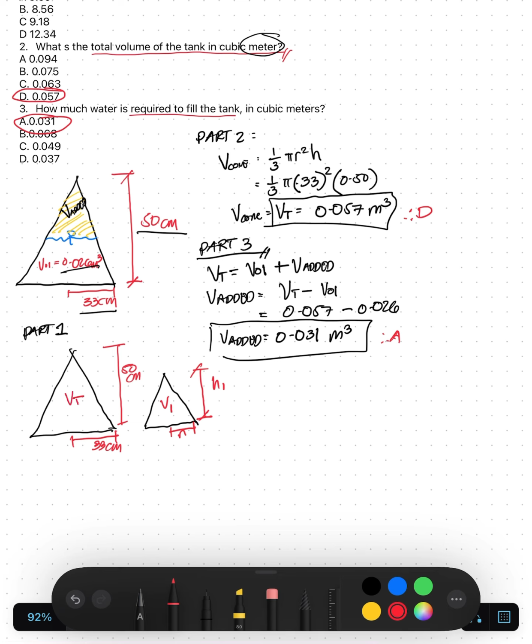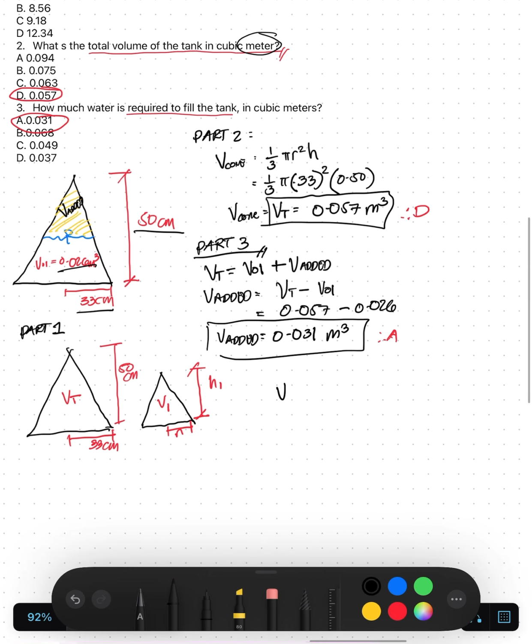By property of similar solids, we can say that Vt over V1 is equal to the height 50 cubed over h1 cubed.